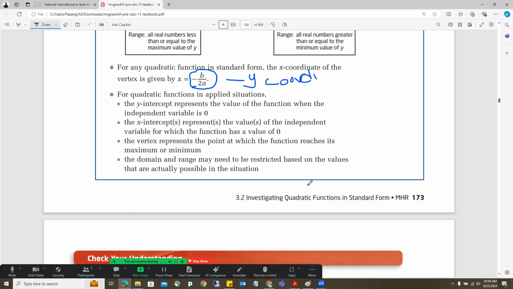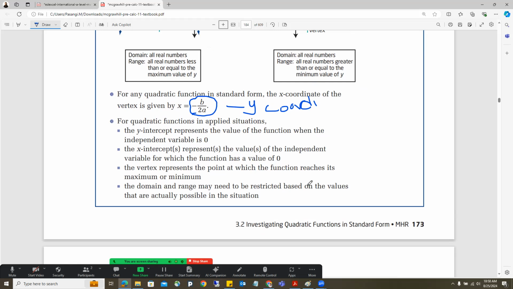Using this, you can find the vertex. So we find the x coordinate first, then apply that value to the equation and find the y coordinate.